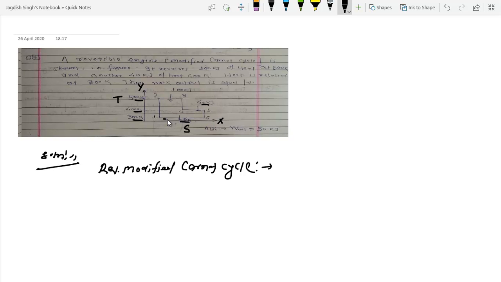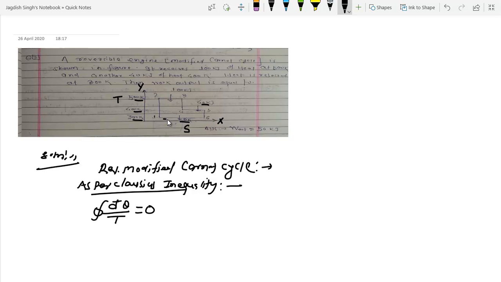For this reversible modified Carnot cycle, as per Clausius inequality, we know that the cyclic integral of dQ by T is equal to 0. So for this process, we have to find this quantity.